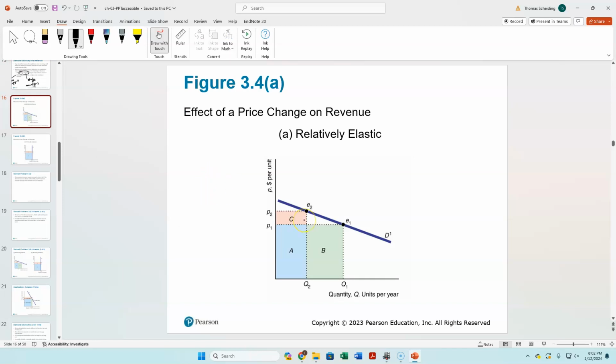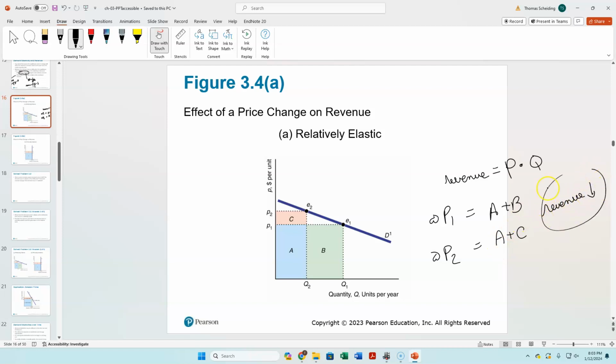And so we can start to see that graphically here, that if I'm looking at revenue again, which mathematically speaking is going to be equal to price times quantity, I'm changing from a situation where at P1, my revenue is equal to A plus B. At price P2, my revenue is equal to areas A plus C. My revenue has fallen, right?